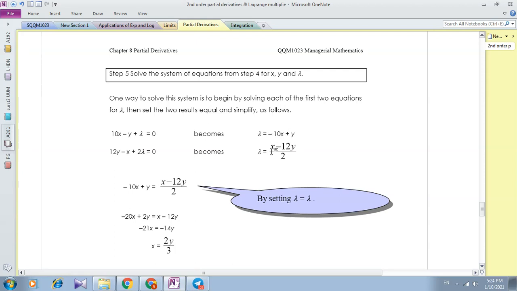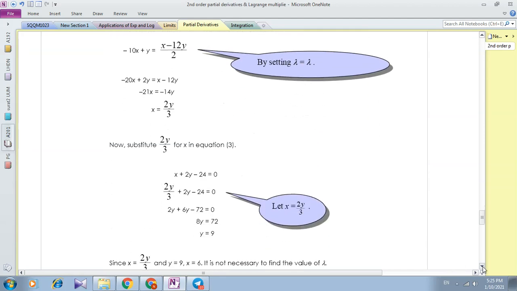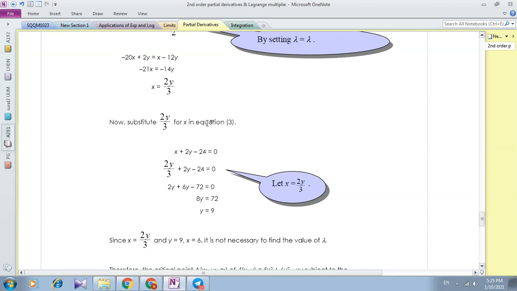Since both are lambda, we can equate the right sides of the equations to find x equals something, 2y over 3. And then we substitute it in equation 3, and we are able to find the value of y.